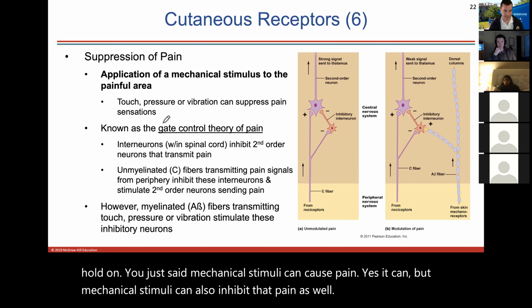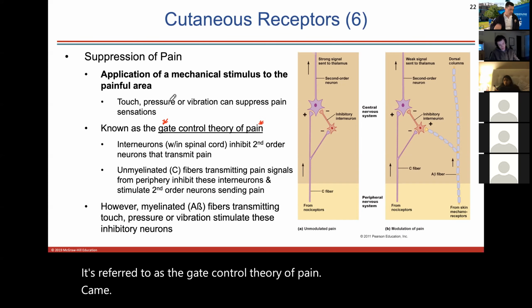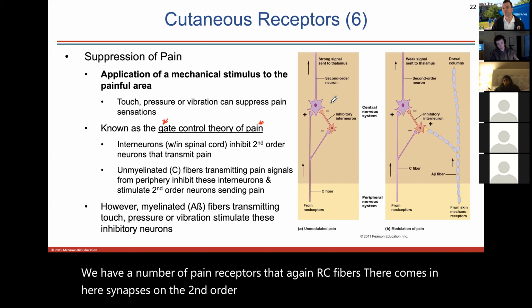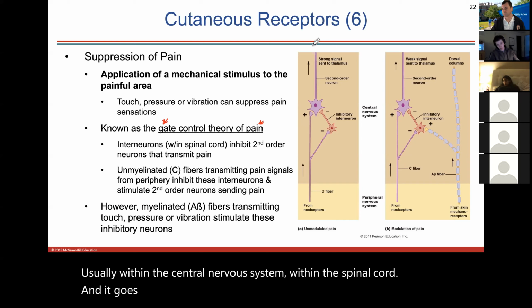It's referred to as the gate control theory of pain. Okay. We have a number of pain receptors that, again, are C fibers there. Okay. Comes in here, synapses on a second order neuron, usually within the central nervous system, within the spinal cord, and it goes up into the brain. Okay.